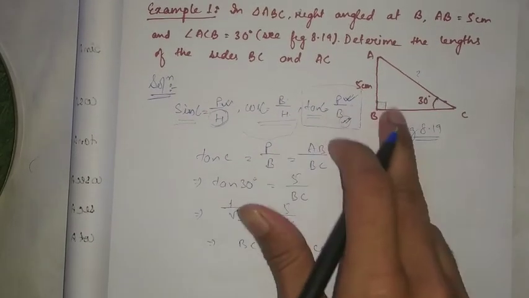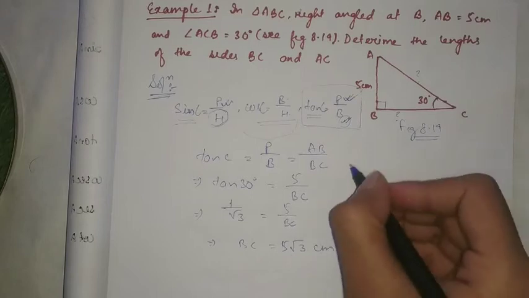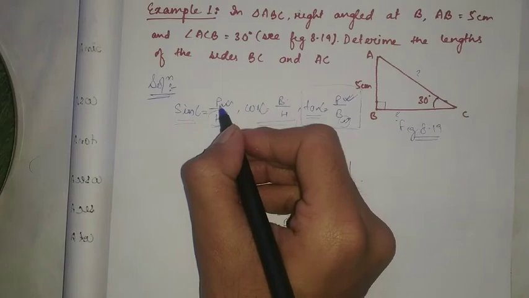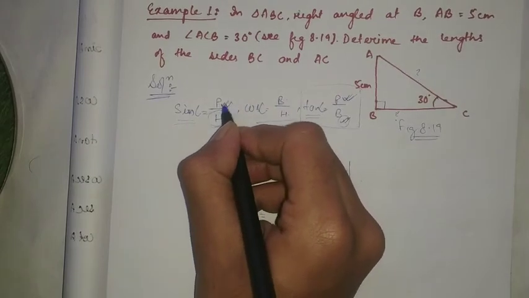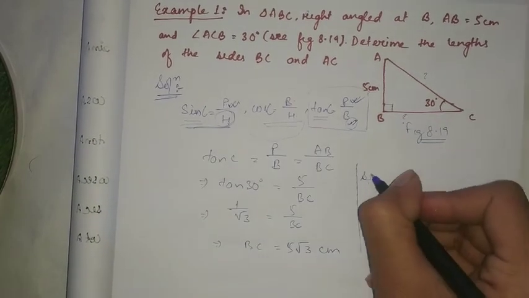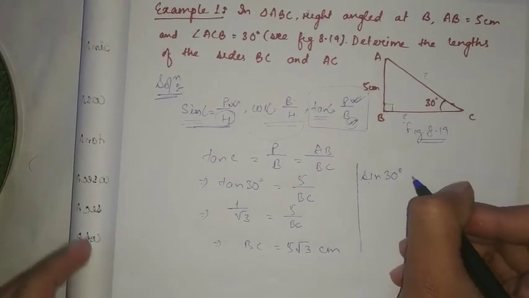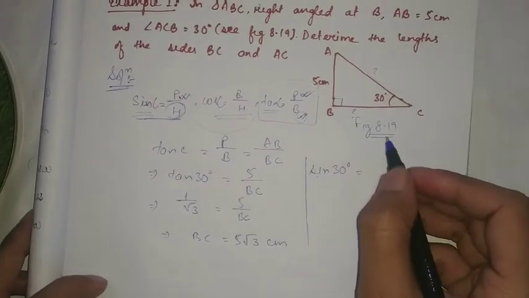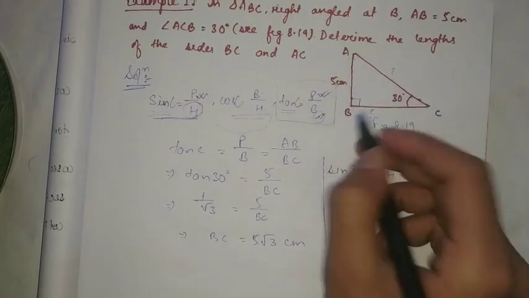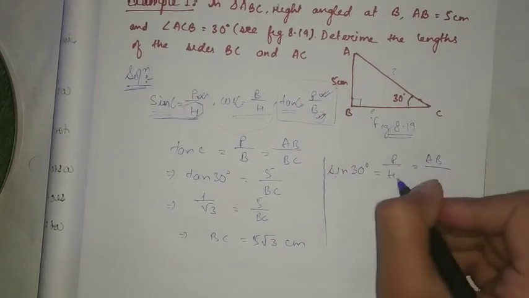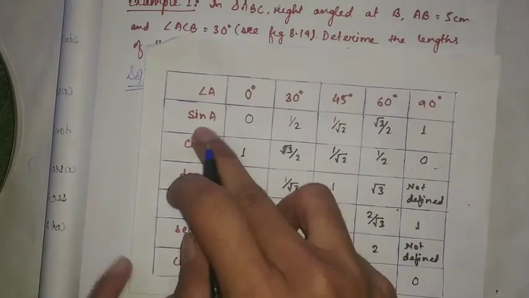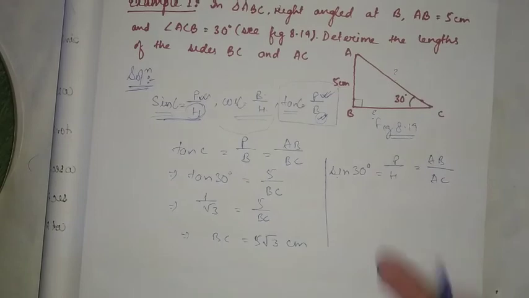For the next part, to determine the value of AC, we take sine, because we know the perpendicular and we have to determine the hypotenuse. We use sine 30, because angle C is 30, equals perpendicular by hypotenuse. The perpendicular is AB and the hypotenuse is AC. The value of sine 30 is 1 by 2.